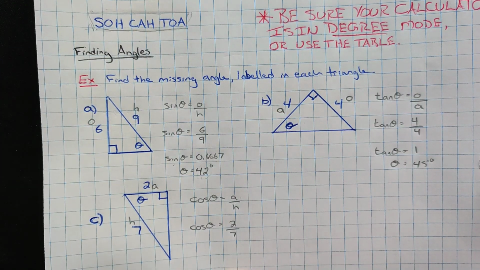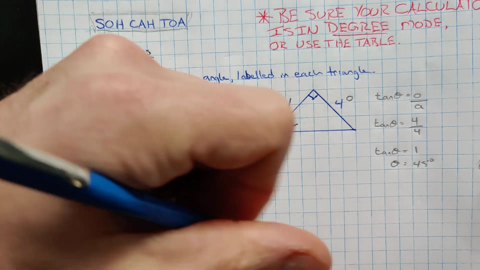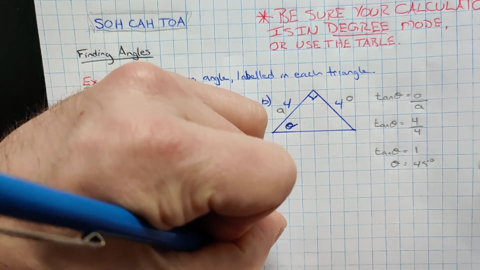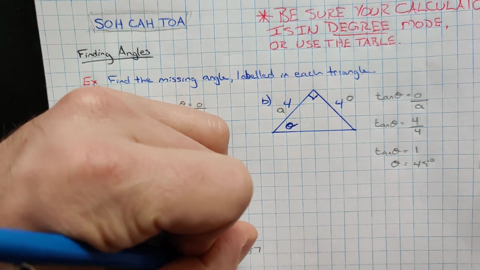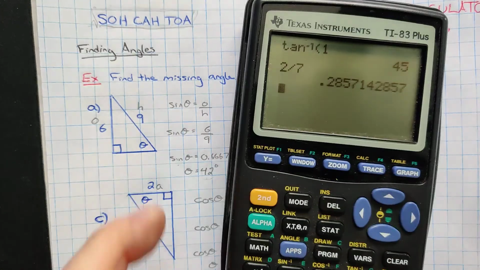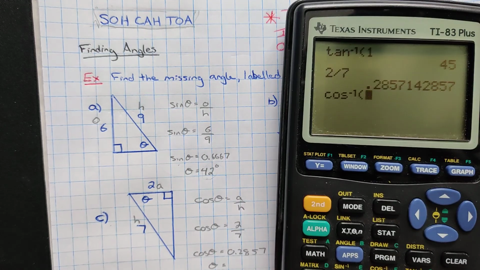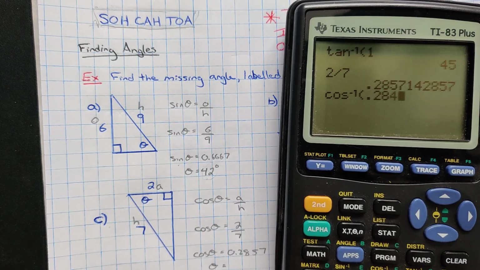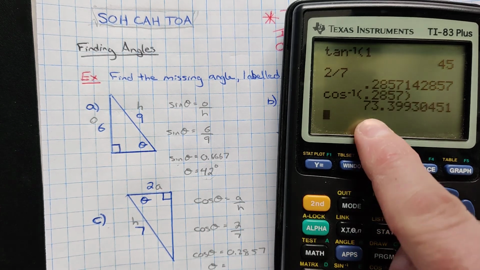I divide those. 2 divided by 7 is going to give me approximately, and again, go to 4 decimal places for accuracy, 0.2857. So now I press second cos on my calculator. Second cosine of 0.2857. That gives me 73.